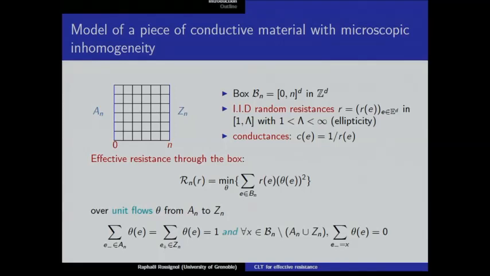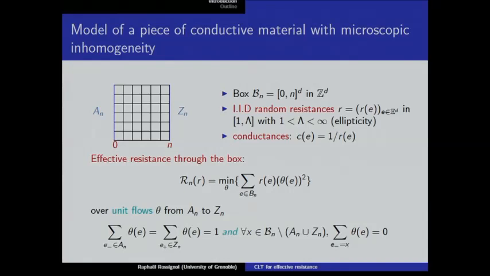Okay. So when you see that model, the natural question for a probabilist is what is the asymptotic behavior when n goes to infinity of that kind of thing. So first, let us understand what is the order of this effective resistance.